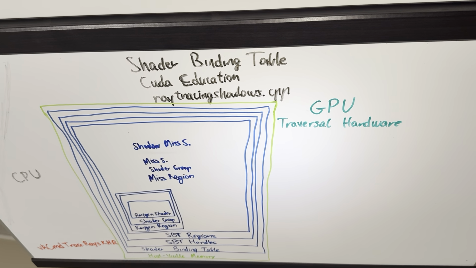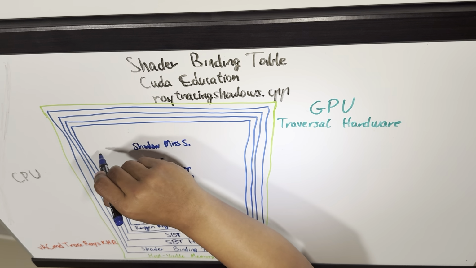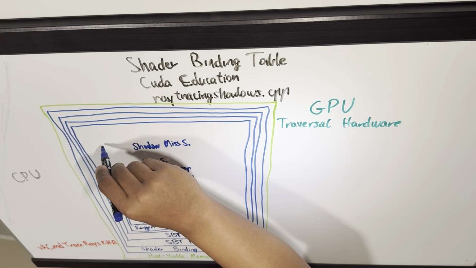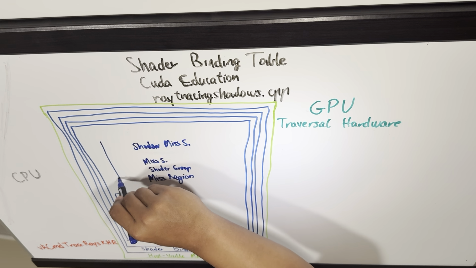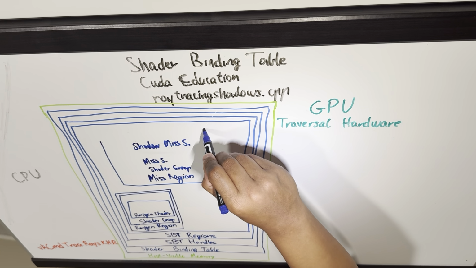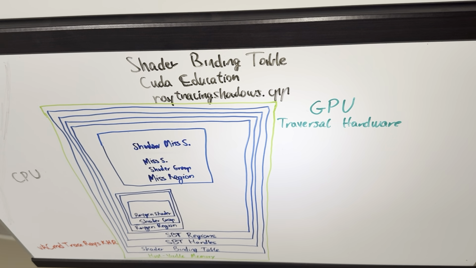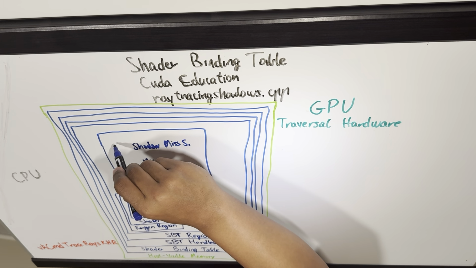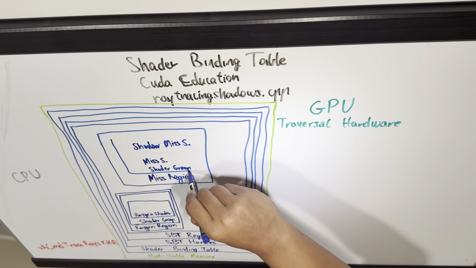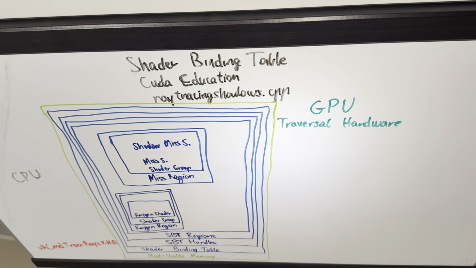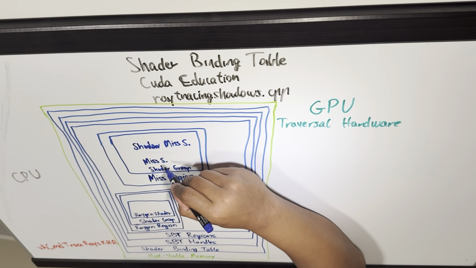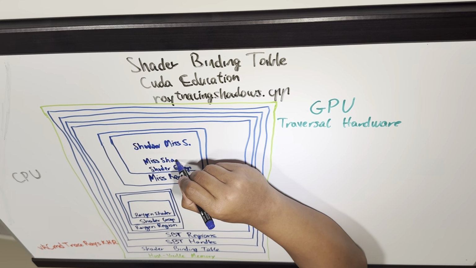All right, so let me see how I'm gonna draw this. I need a wide kind of berth for this one. We have the shader group. I guess I could spell it out.